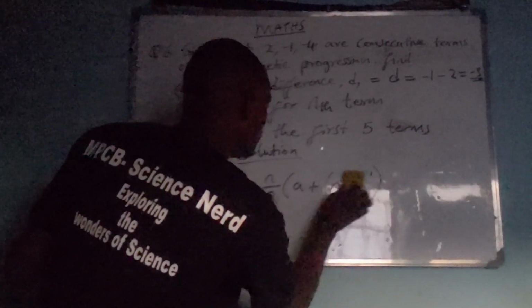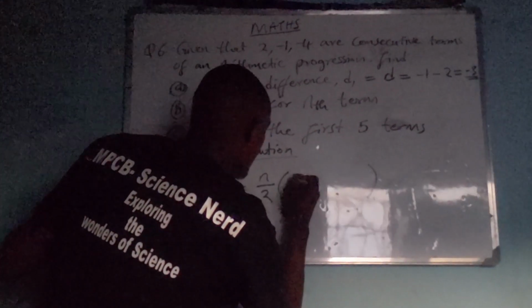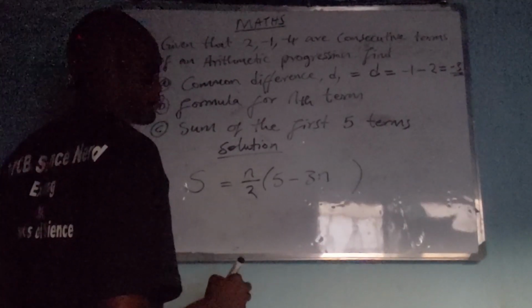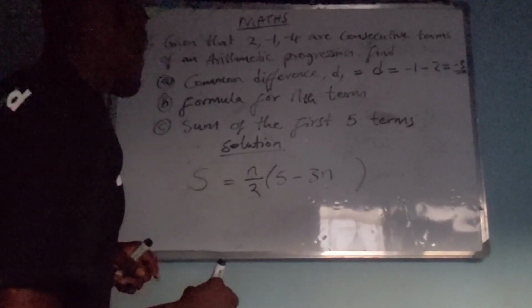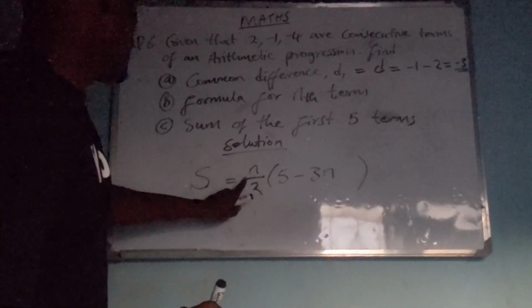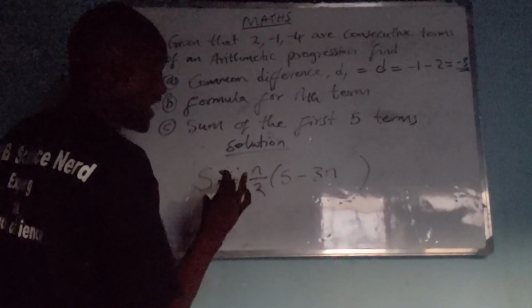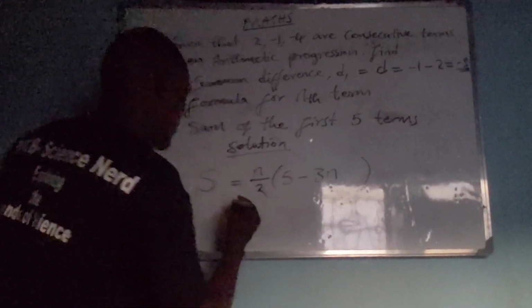Hence, we will have 5 minus 3n. From there, they are saying 5 first terms. So where there is n, we put 5.